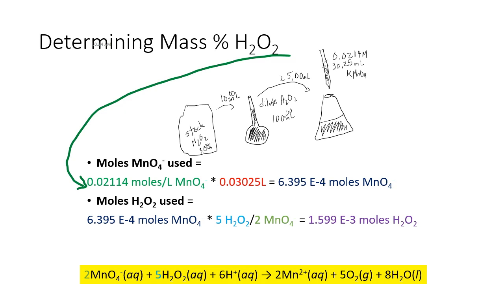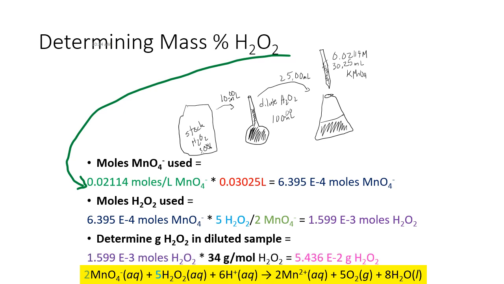Okay, so now I know my moles of peroxide, and I can add that back in. But what I need is the grams of hydrogen peroxide in the diluted sample. We need the concentration. All right, so how do we calculate a concentration? We're going to do a conversion to grams. Use the molar mass.